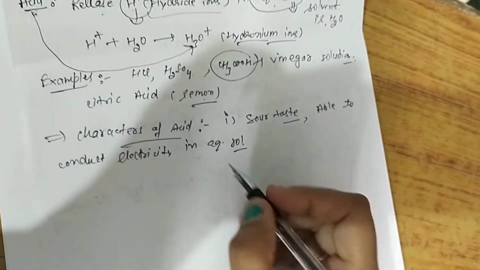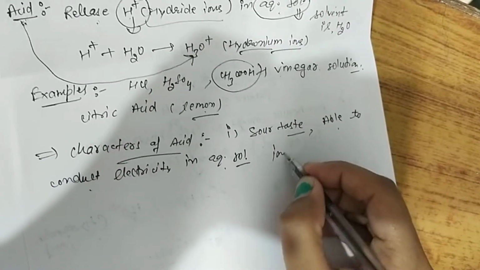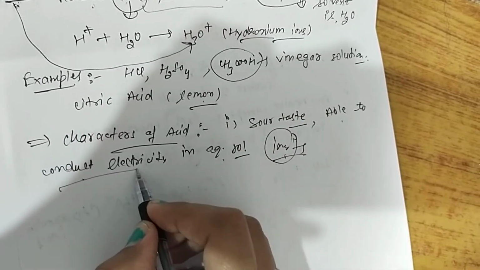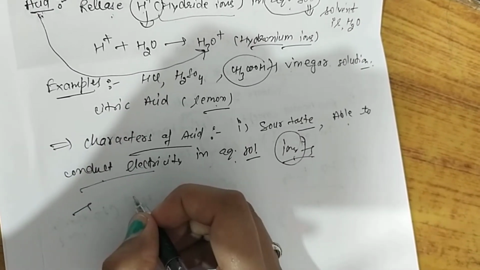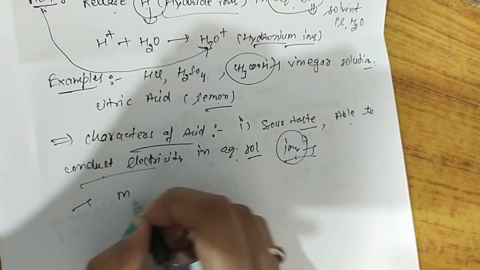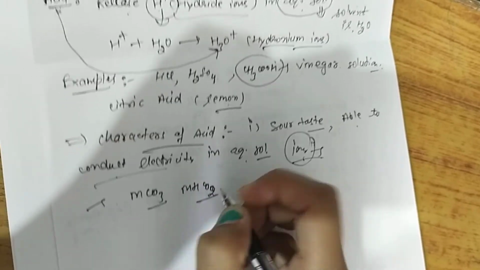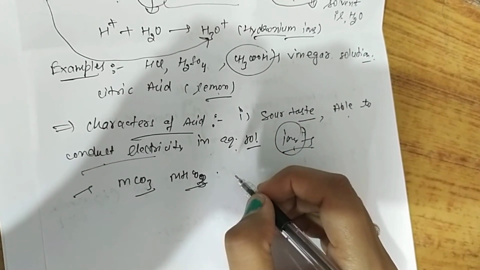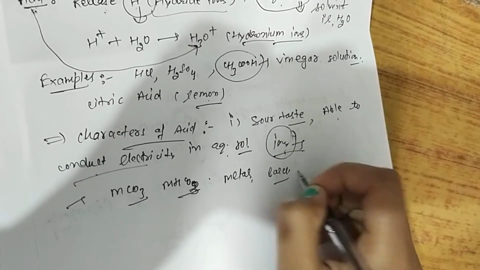Why? Because in aqueous solution, acids release ions, and due to the flow of these ions, they conduct electricity easily. All acids are able to react with metal carbonates, metal hydrogen carbonates, simple metals, and even with bases also.